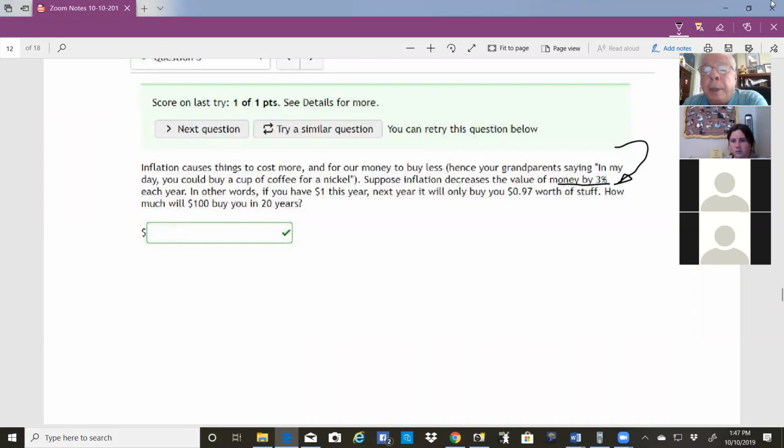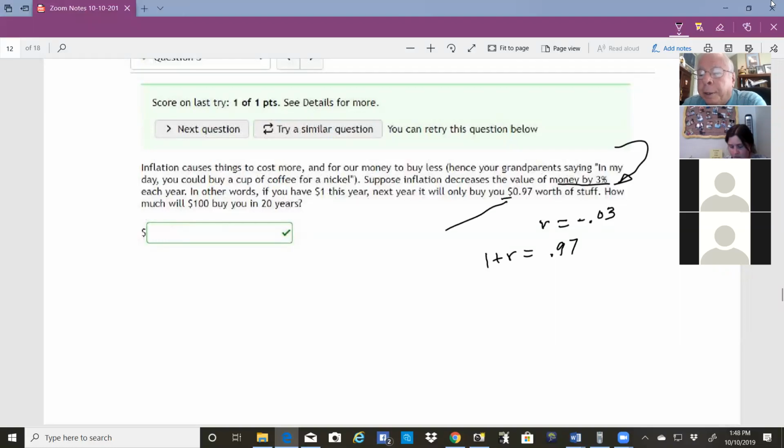So the rate would be minus 0.03. If it's decreasing, then the rate will be a decimal with a negative sign. So the growth multiplier would be 0.97.